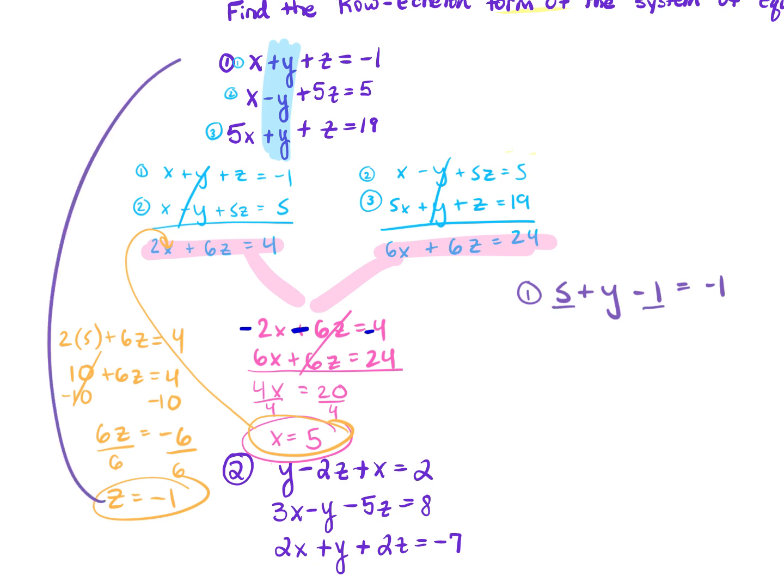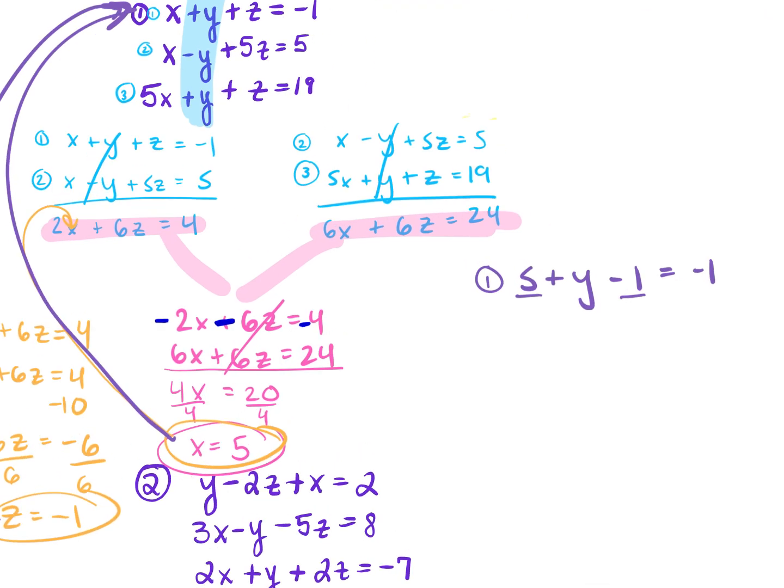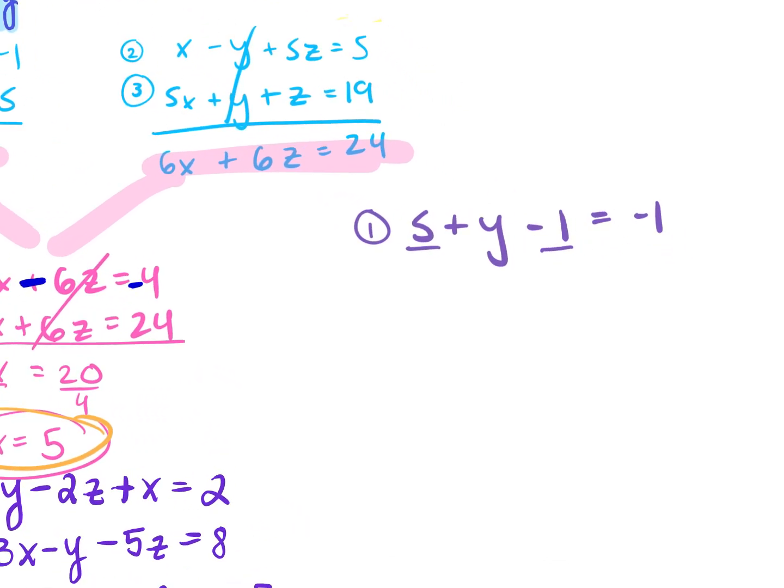So we plugged them into the original. So now we're just solving for y. 5 minus 1 would be 4. Subtract 4. So y is equal to negative 5.